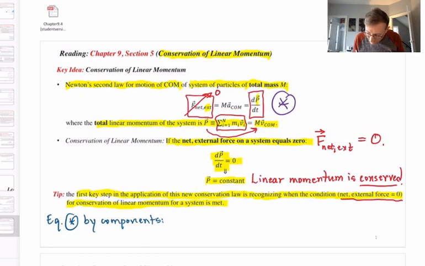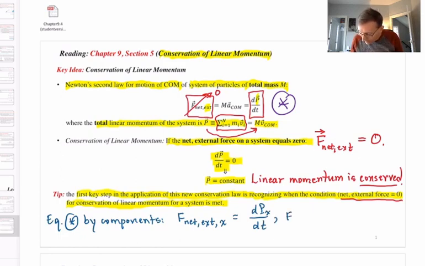So what we really ought to say is F net external x component equals rate of change of x component of total linear momentum.